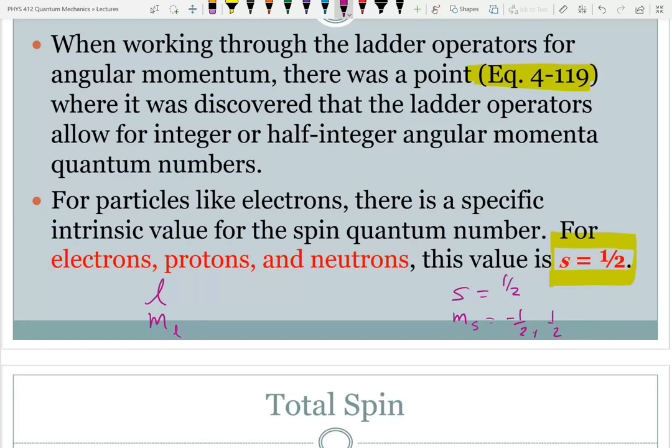So when we talk about the spin, nobody ever talks about this one because it's the same for every single electron. By the way, it's also the same for every single proton. It's the same for every single neutron. Protons, neutrons, electrons, they all have the intrinsic spin of 1/2.